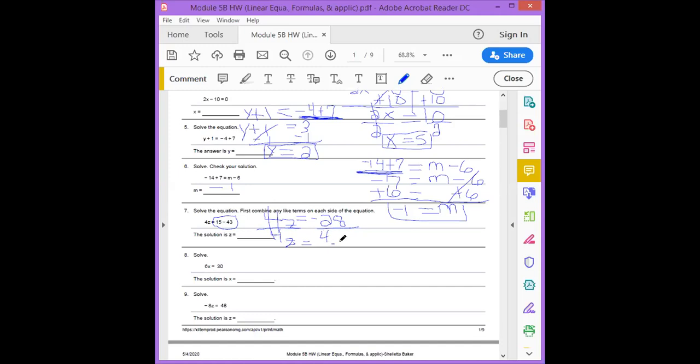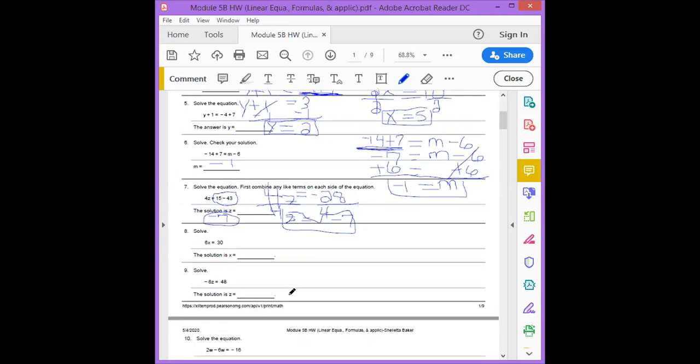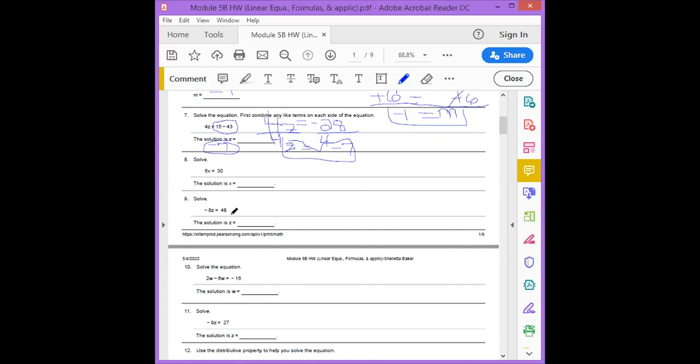That gives us negative 7. That's our solution. Z equals negative 7. So our solution is negative 7 for problem number 7. Number 8, we have 6x equals 30.